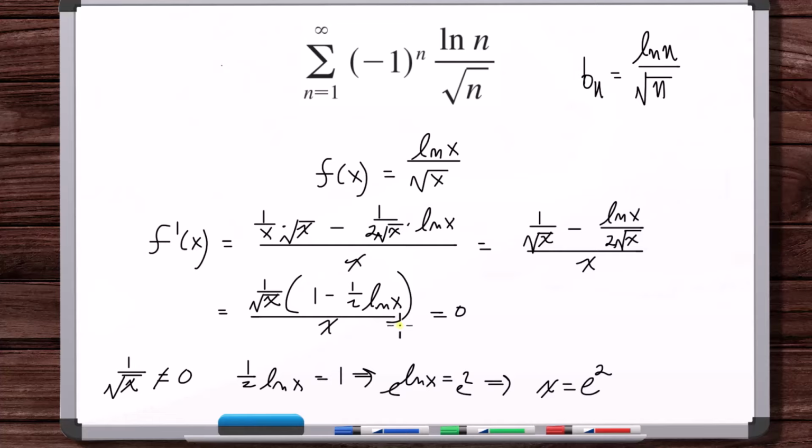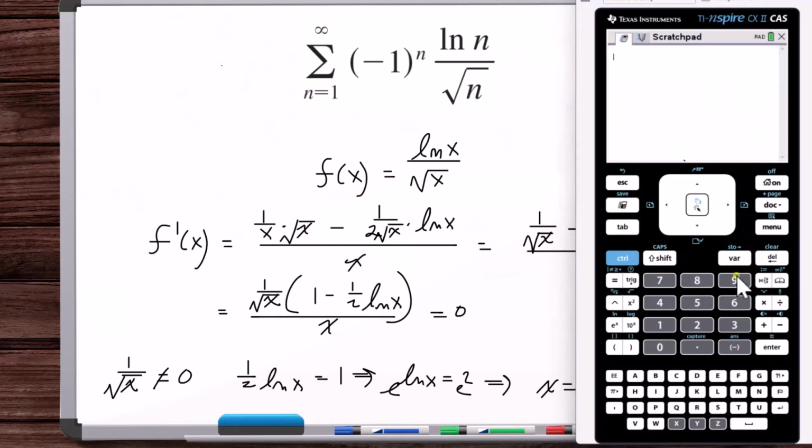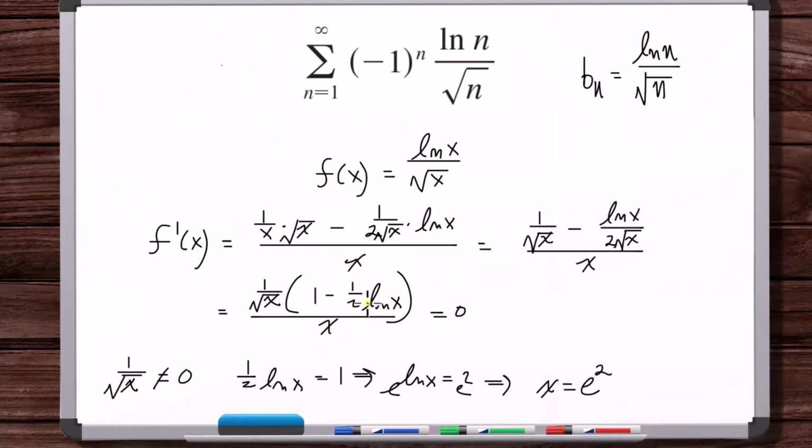So the derivative can change signs at x equal to e squared, but maybe it changes to a positive sign for f prime, which would mean it is positive going all the way to infinity. So what is e squared? We could take the limit as x goes to infinity of f prime of x, but it might be easier to just plug in something. E squared is about 7.3.